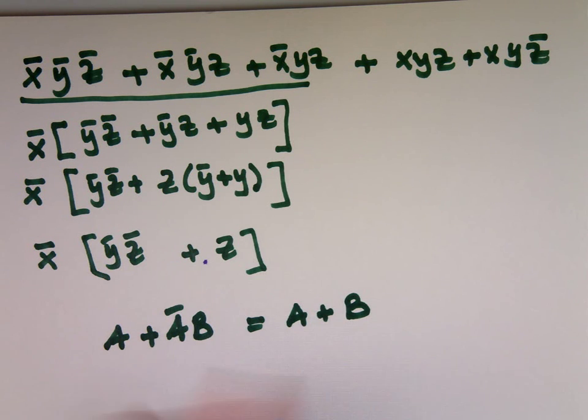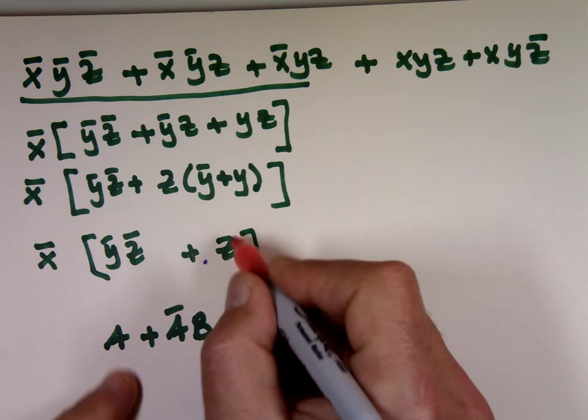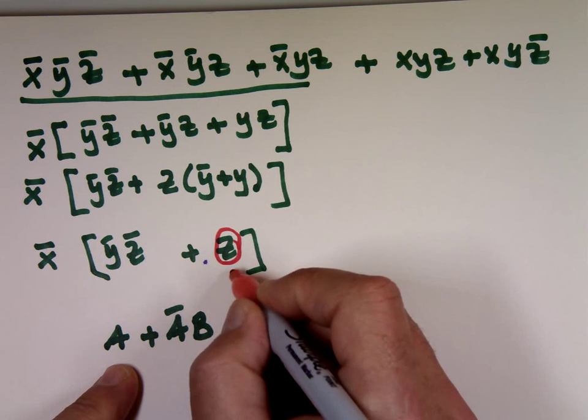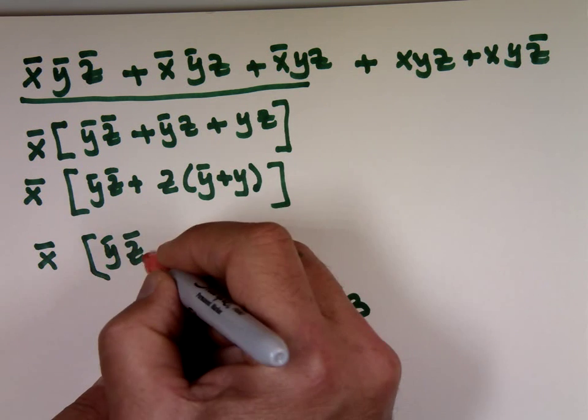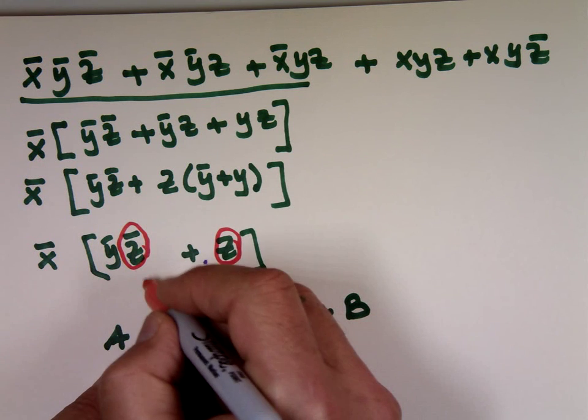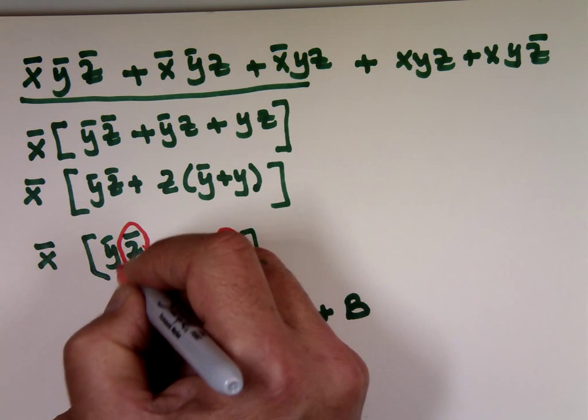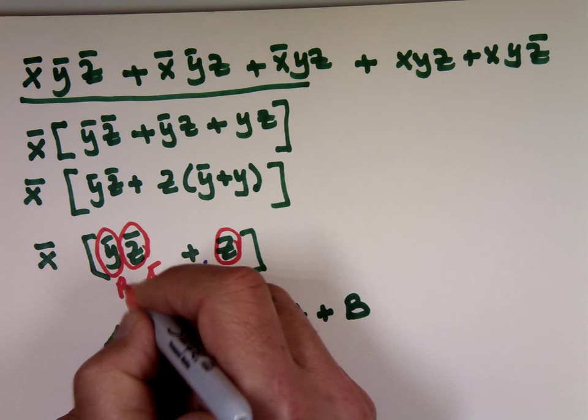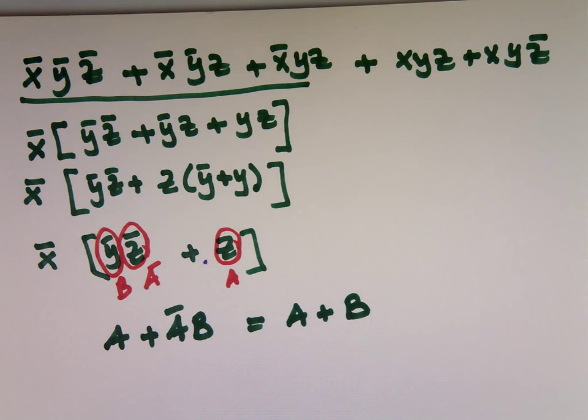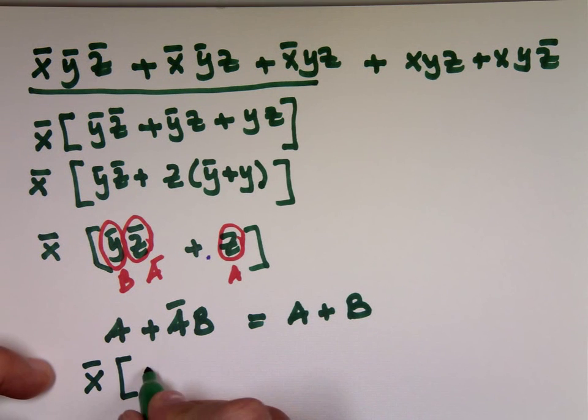So he's looking at this as A. He's looking at this as A bar. And he's looking at this as B. So applying that rule, David said, I can write what's inside that as A plus B, which means Z plus Y bar.